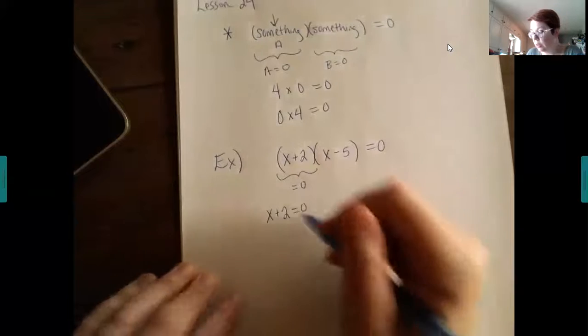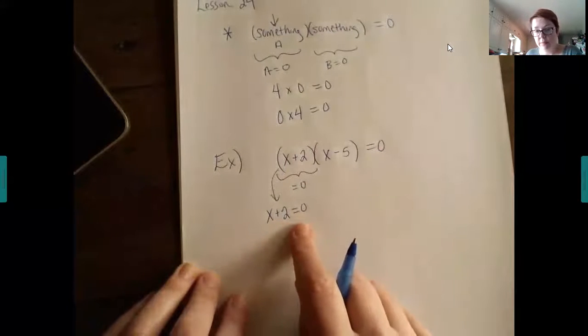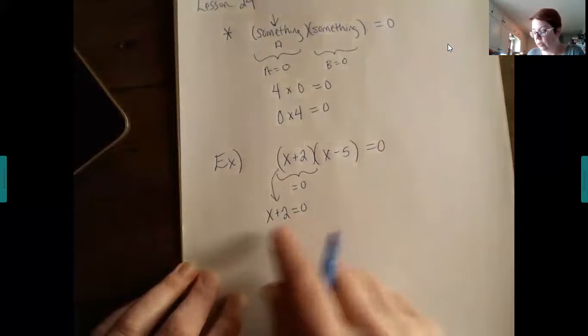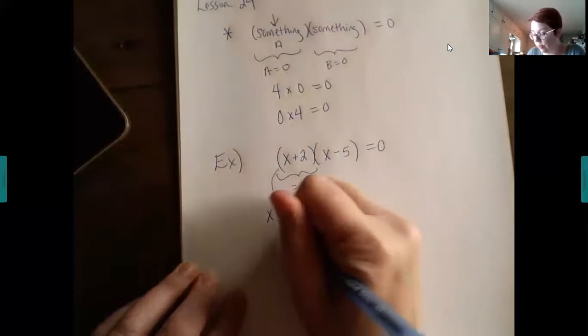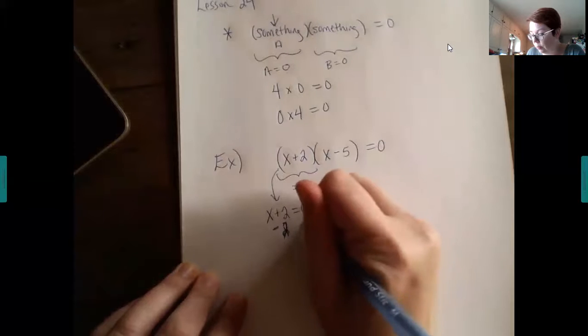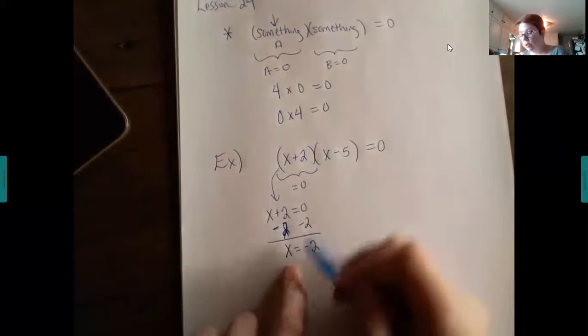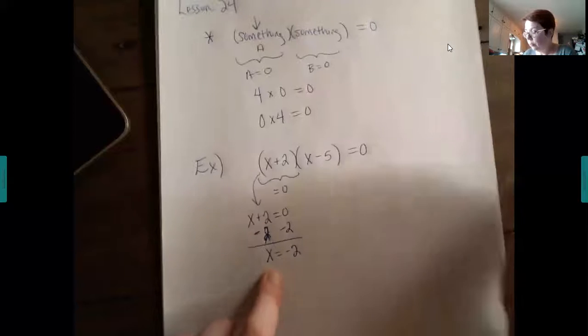We take this something and set it equal to 0. So to get x by itself, we do minus 2, minus 2, so we get x equals negative 2. So that works for this one, right?